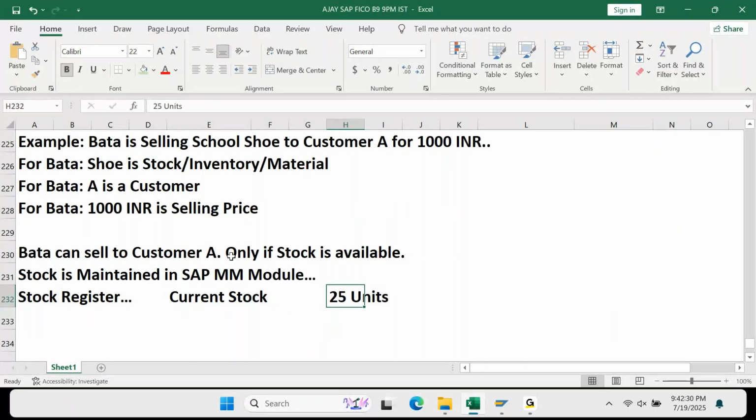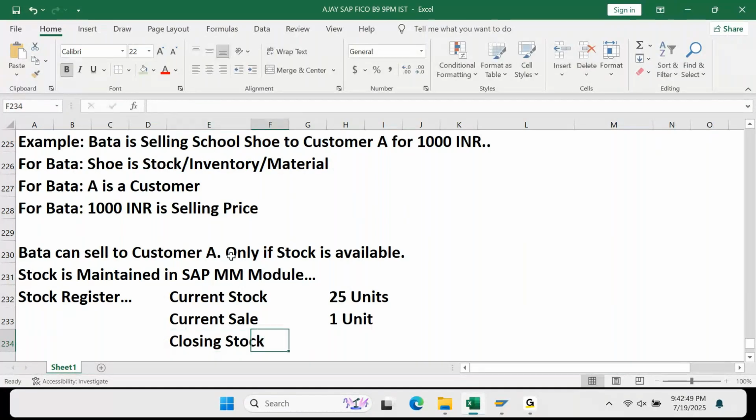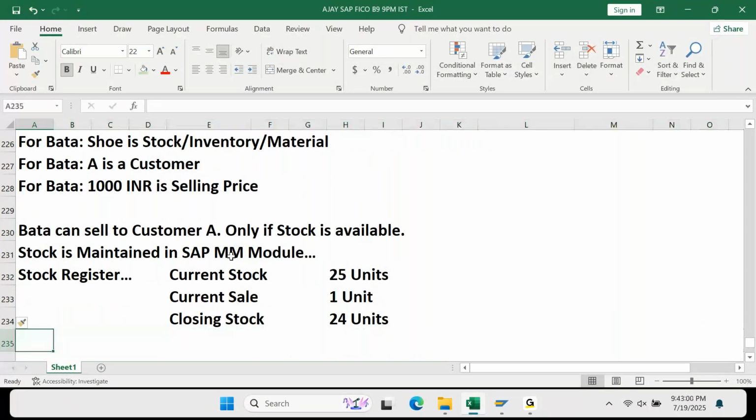Am I right? Now, current sale is 1 unit and you will get closing stock. How many units? 24. Is this correct? Till here, yes, these are all correct.